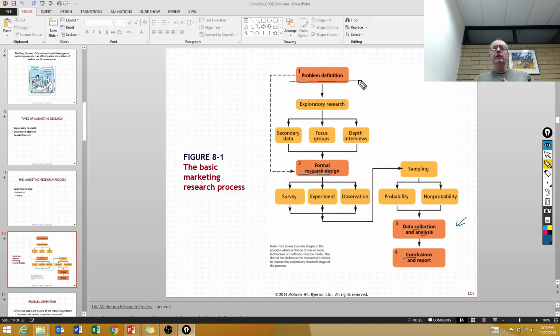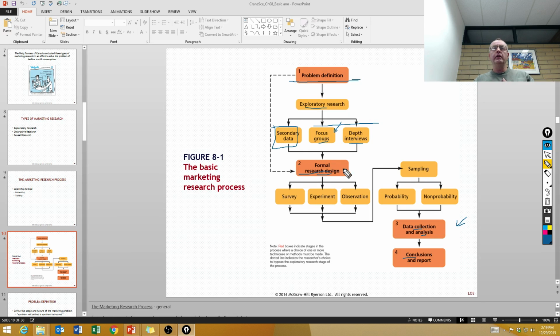So when we're at the problem definition stage, as we mentioned before, we can undertake some exploratory research, and at this stage we can use either secondary data, we'll come back to that in just a minute, or we can use primary data, and we might collect primary data from focus groups or depth interviews.